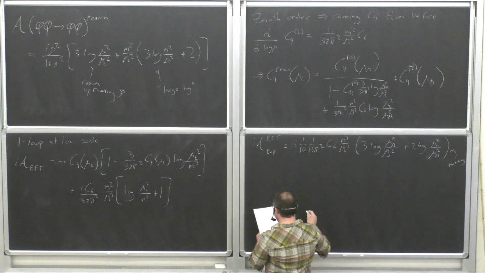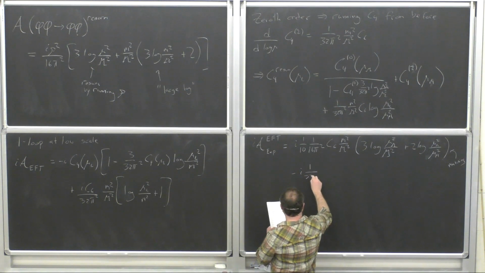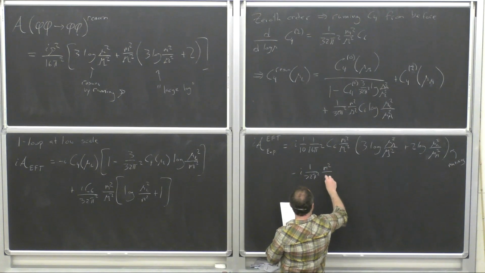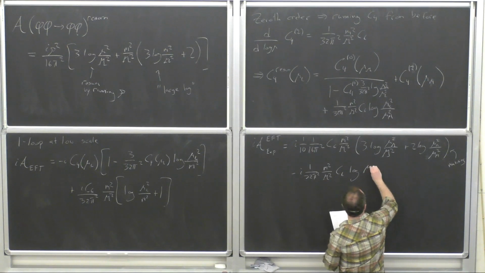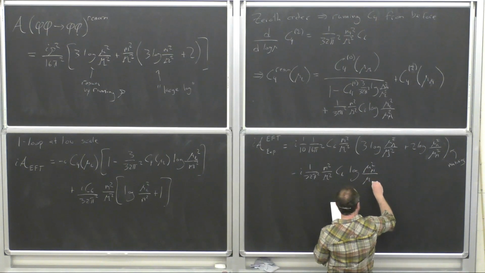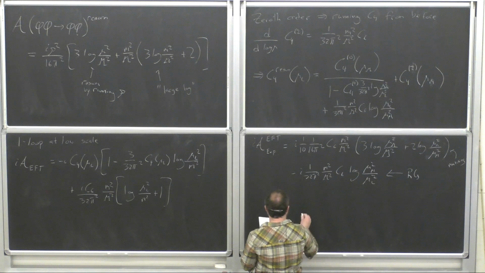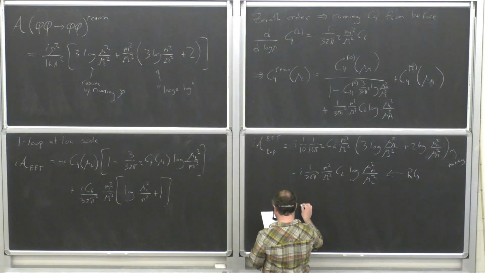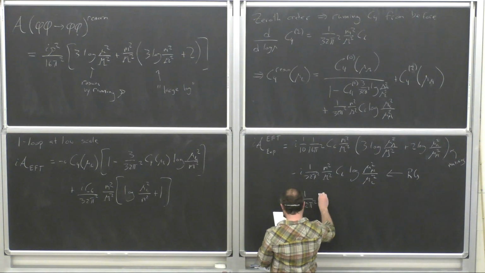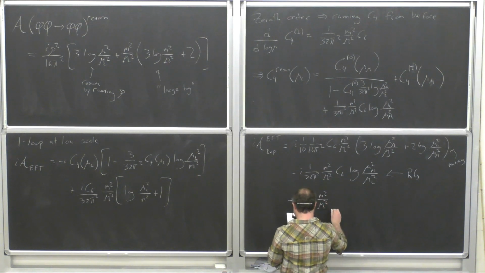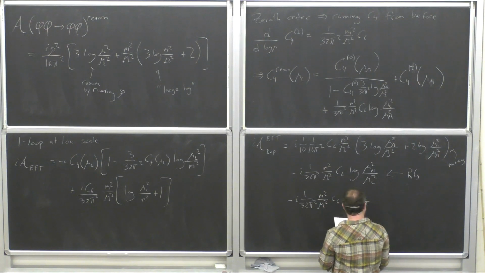Then the RGE gives me minus i 1 over 32 pi squared, m squared over capital M squared, C6 log mu match squared over mu low squared. And the finite terms at the low scale give me minus i 1 over 32 pi squared, m squared over capital M squared, C6 log mu low over M squared.